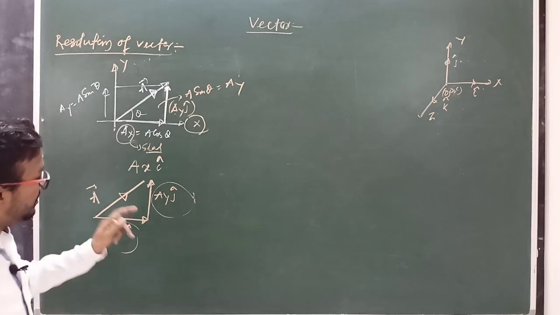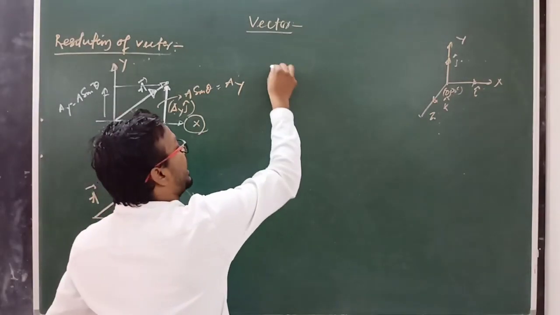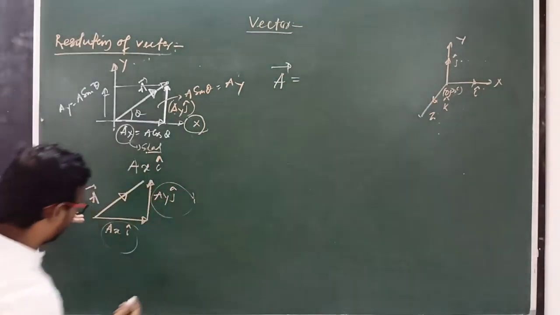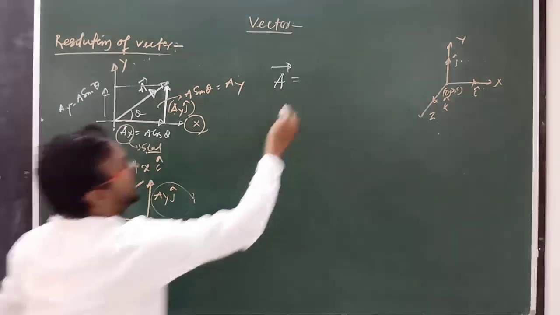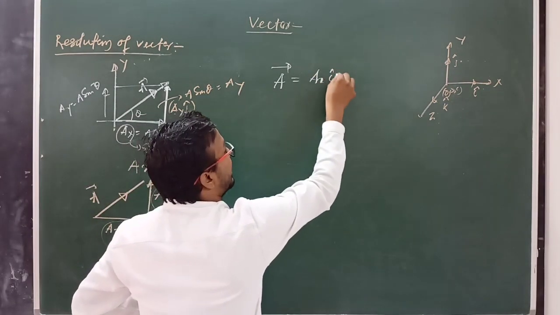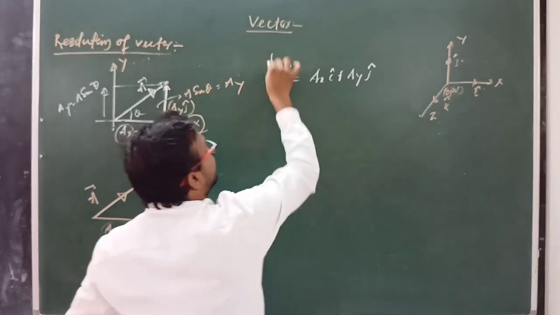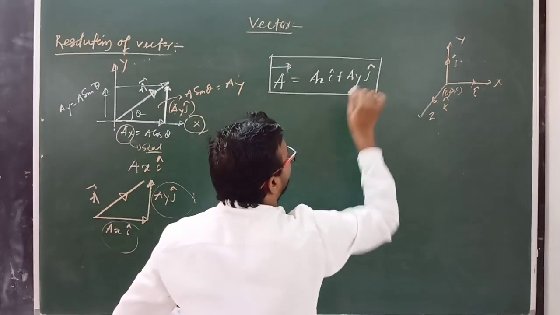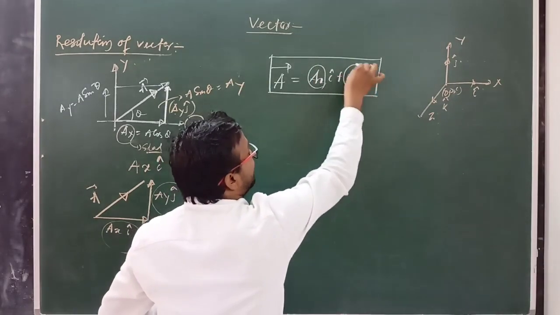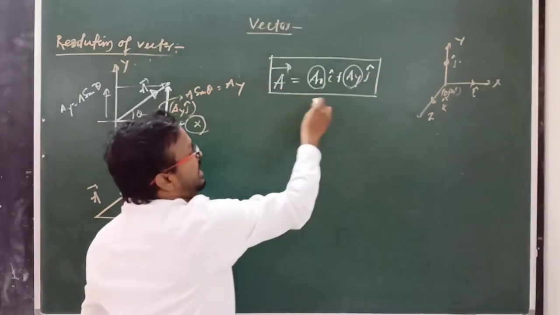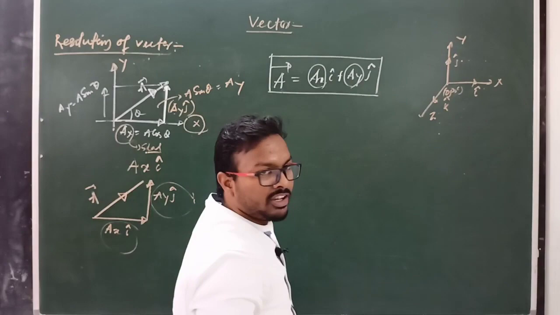So in this case you can write that a vector equals this vector plus this vector, and here ax i cap, ay j cap is the vector form. Clear? So these are the scalar components of a vector along the x axis and along the y axis.